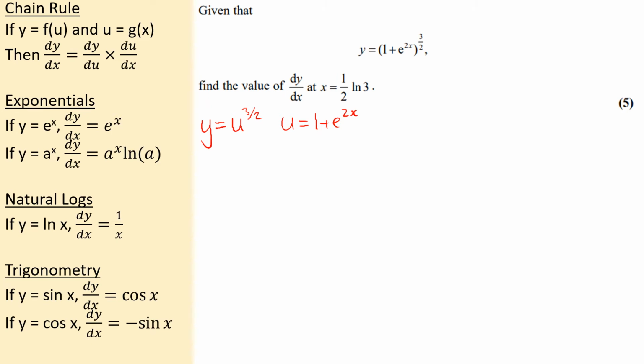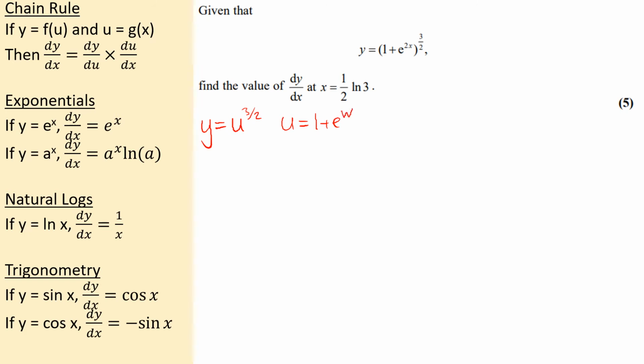There's a little bit of a problem here in that e to the 2x isn't something that we know how to differentiate. Well, I know there are shortcuts we're coming to, but not just yet. We know how to differentiate e to the x. So we're actually going to use the old triple chain rule here, which works as follows. So I'm going to say y is u to 3 over 2, and u is 1 plus e to the, what's a letter I haven't used yet?